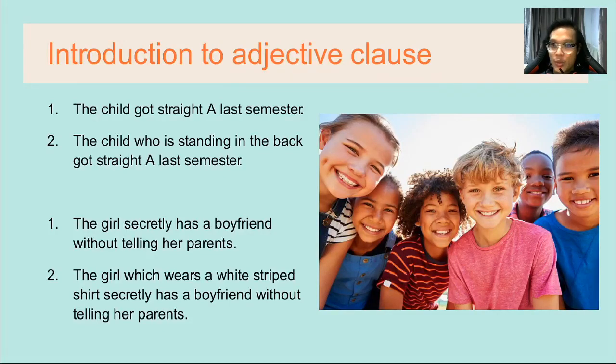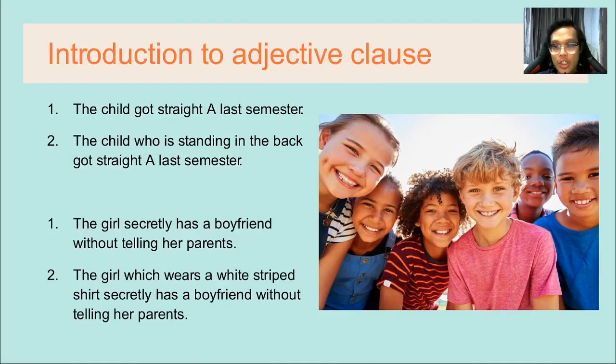Right? So we know nothing, but if we add an adjective clause to the sentence, it can give us more details about the thing, or about the child in this case, or about a person. For example, here: the child who is standing in the back got straight A last semester.